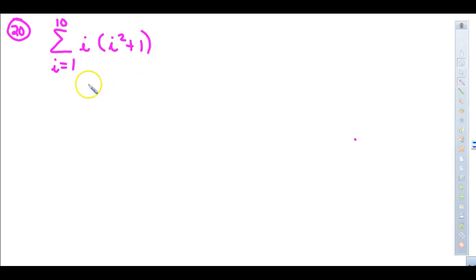What I would do here is what I've always told you to do: simplify everything before you try to apply a formula, whether it be limits, differentiation, integration, summation. So let's multiply this out and make it I cubed plus I. We just made that problem a whole lot easier.